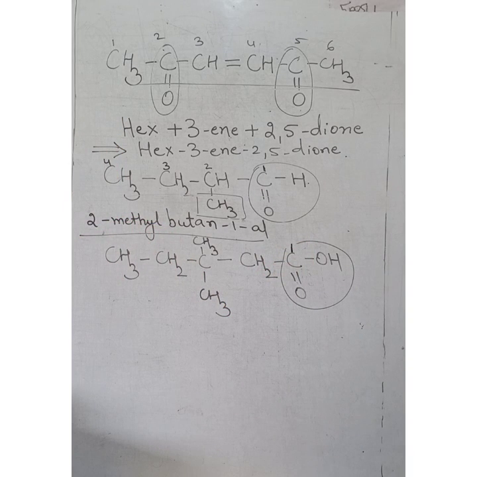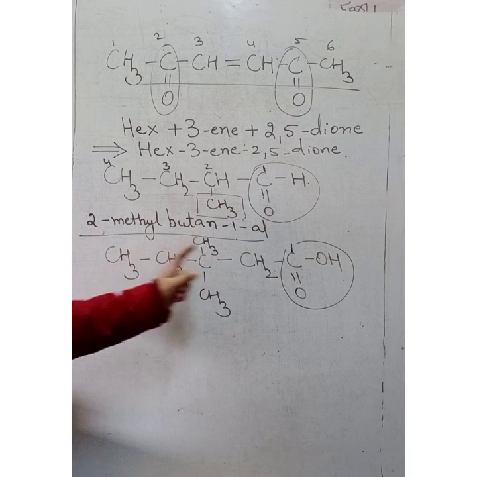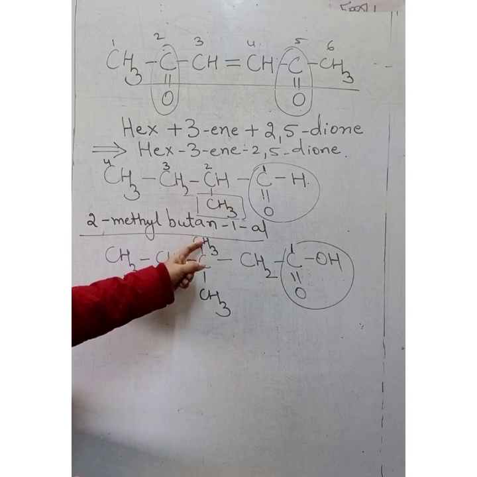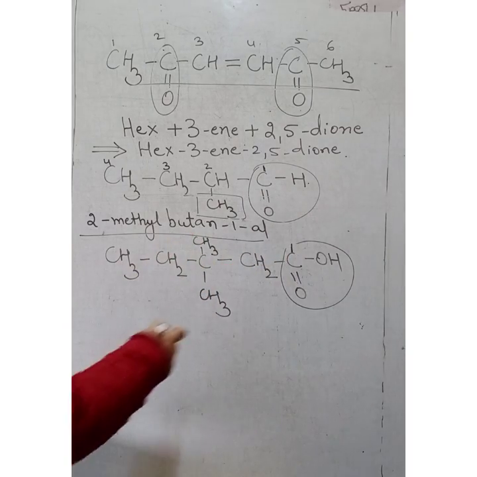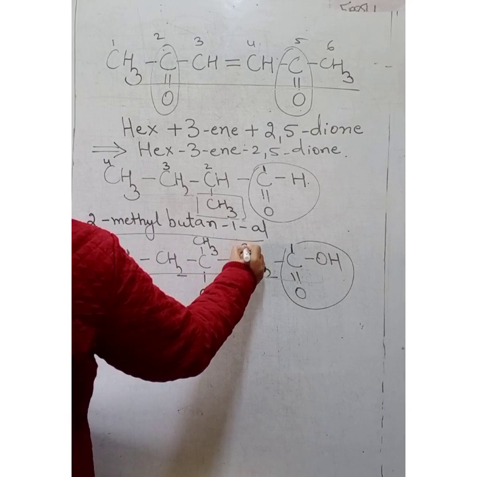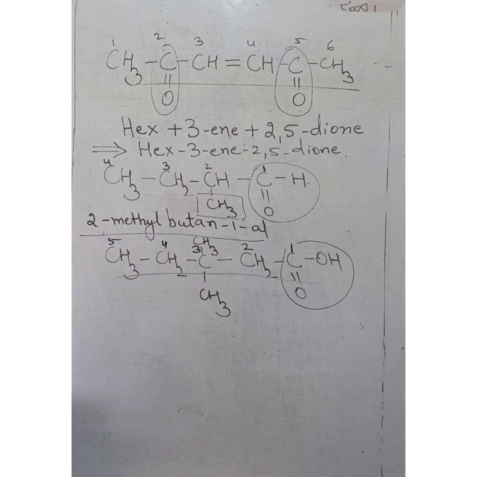Now select the longest chain of carbon atoms containing the functional group. 1, 2, 3, 4, 5. Check all the probabilities. So the straight chain is the longest chain of carbon atoms. Now number the carbon chain in such a way that the functional group gets the lowest number. So we have numbered the chain.